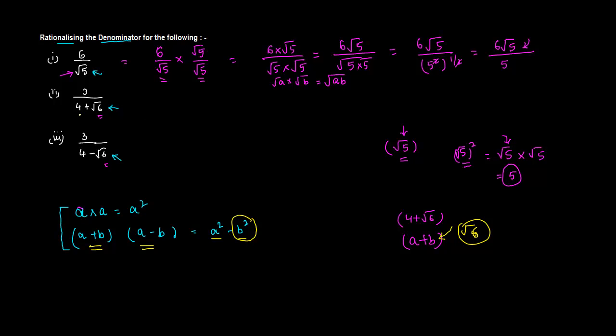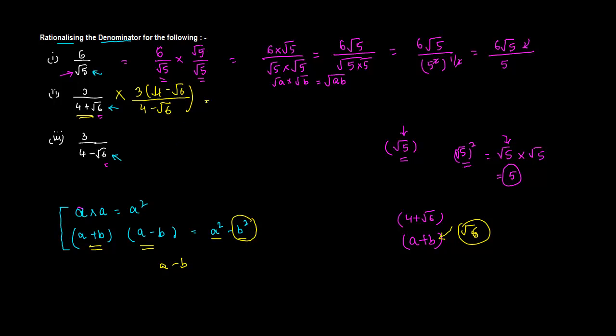We already have a plus b, so we need to multiply this by a minus b. But what is my a? A is 4, b is root 6, so 4 minus root 6, right? But if I multiply the denominator by a particular number, I need to multiply the numerator also by the same number. So I multiply 3 into 4 minus root 6.